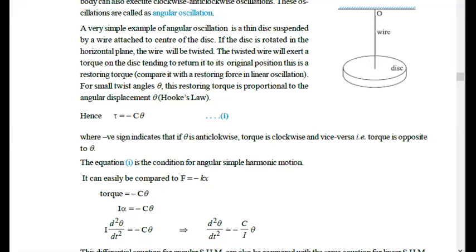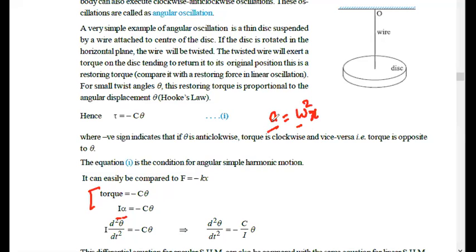Now, this is about torque and theta. What about omega? We know that the linear expression was omega square x, so by comparing A, we can find omega. In the same way, this torque is given by I alpha.